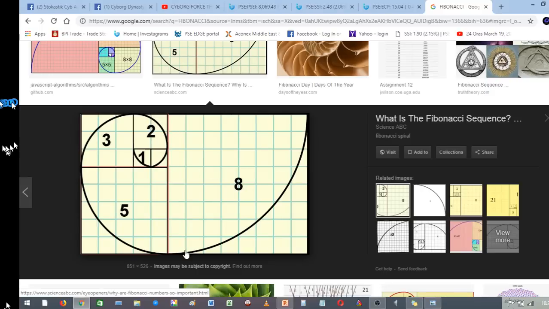For example, 1 square plus 1 square equals 2, so it was made to be bigger, and it is proportionate when 1 plus 2 equals 3.